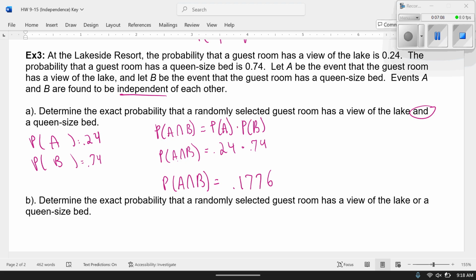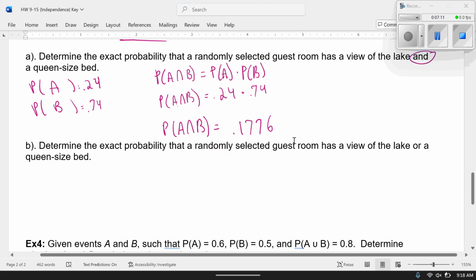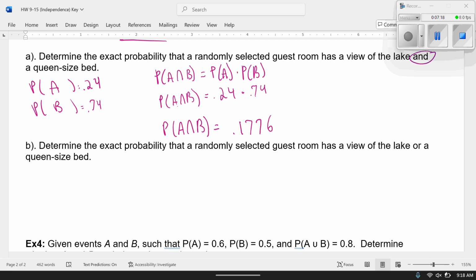Now, part B says determine the exact probability that a randomly selected guest room has a view of the lake or a queen-size bed. There is only one or formula, and anytime you see or, the probability of A or B equals the probability of A plus the probability of B minus the probability of A and B. Probability can be tricky because there are so many different formulas, but you have to keep your eye out for if it ever says or, use this formula.